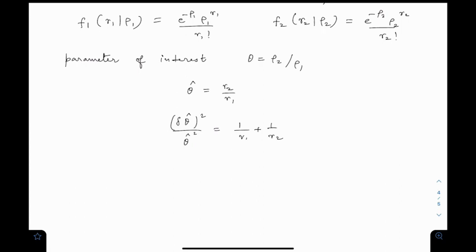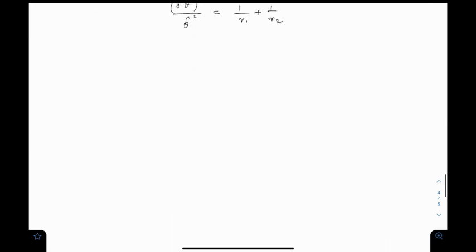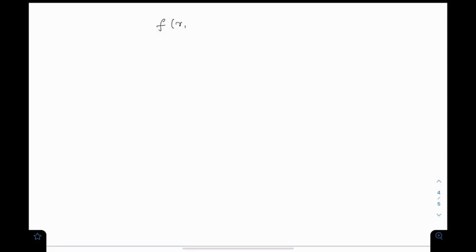For large numbers R1, R2, this method is justified, but the correct way is to transform the parameters of the combined distribution. The combined distribution basically has f of R1, R2 given rho 1, rho 2.